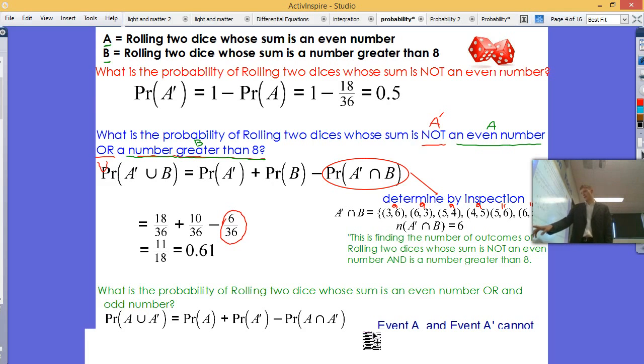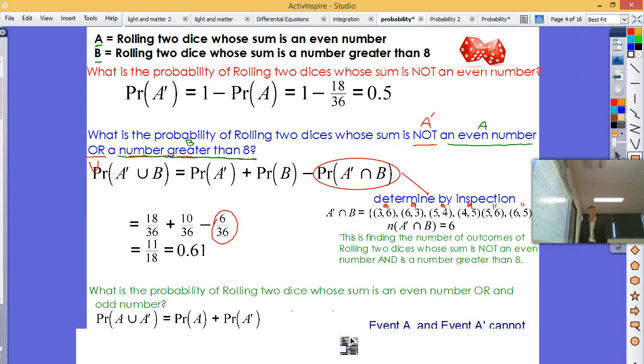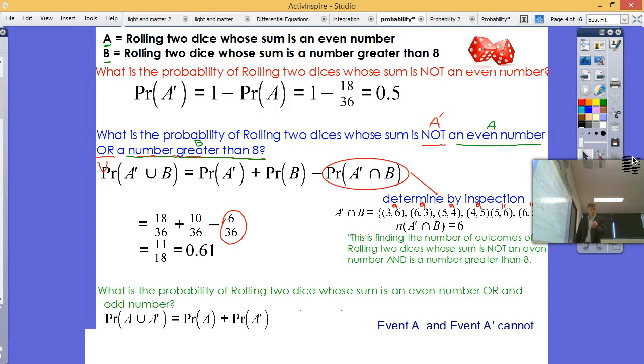So I see that A or not A is the probability of A plus probability of not A minus the intersection between the two. Hang on. That looks rather familiar. If I just hide the intersection and I think about that, what does that equal to? Very good, Ifa. It's 1.